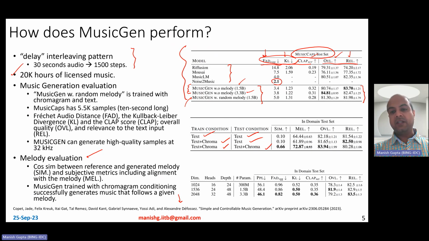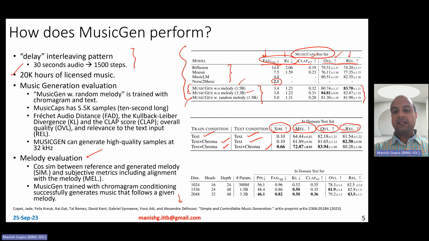Again, they measure the quality in terms of similarity, so this is cosine similarity between the reference and the generated melody. And then there are other measures as well, for example subjective metrics, including the overall quality, relevance to the input text, and then MEL, which is alignment with the input melody as well, right?